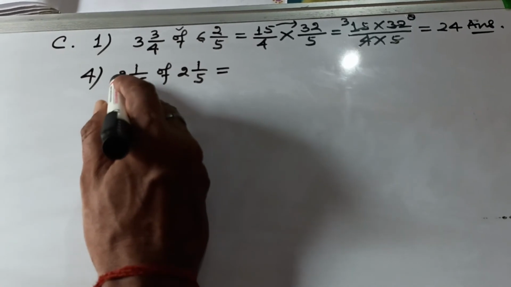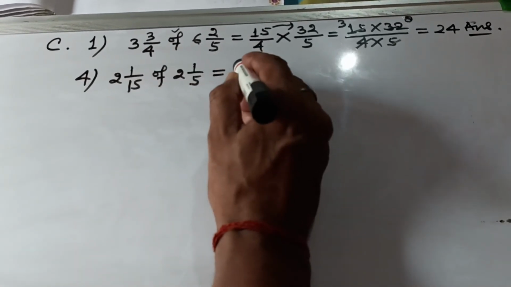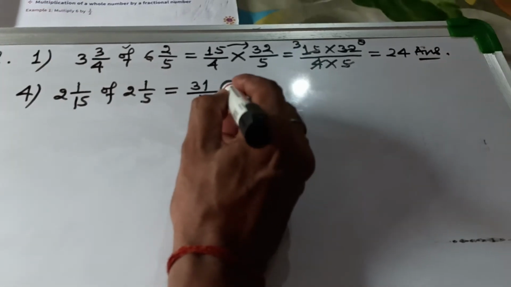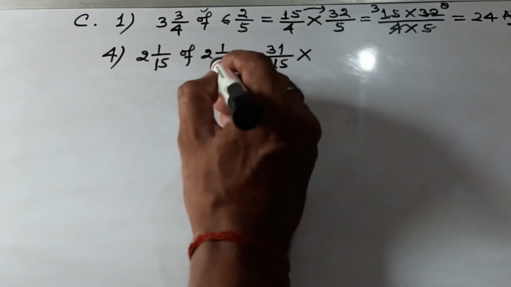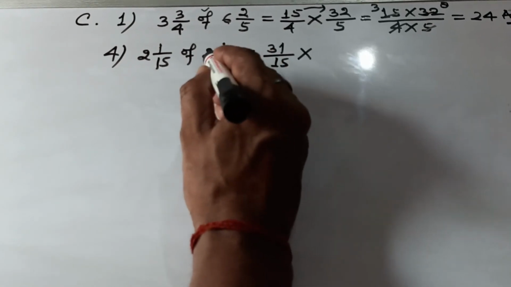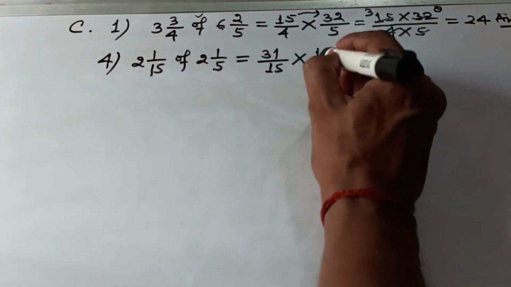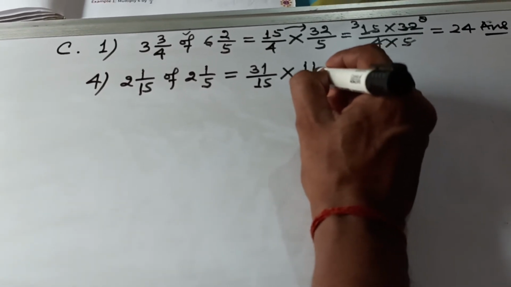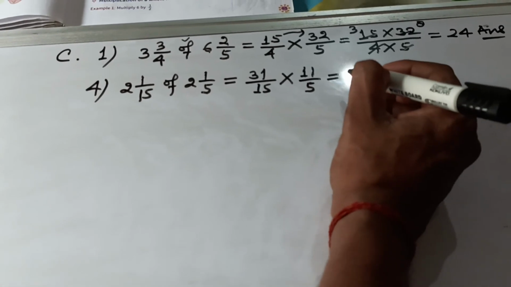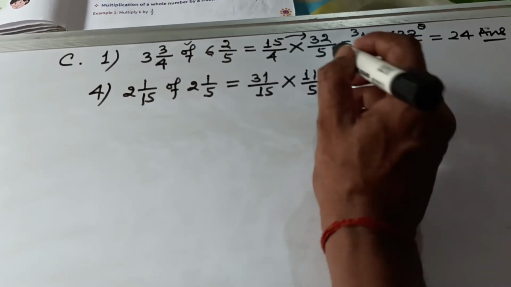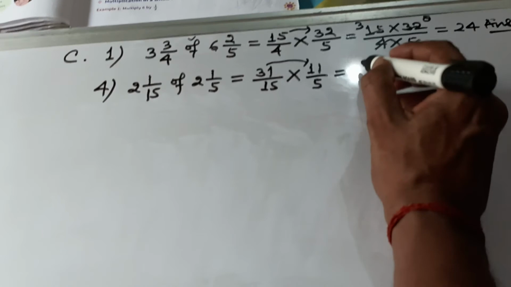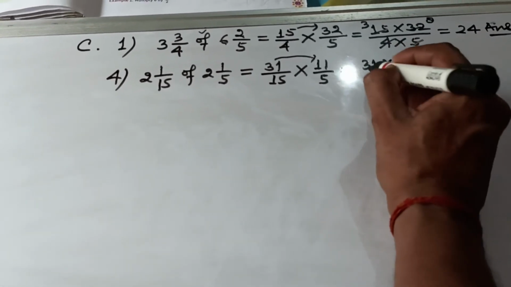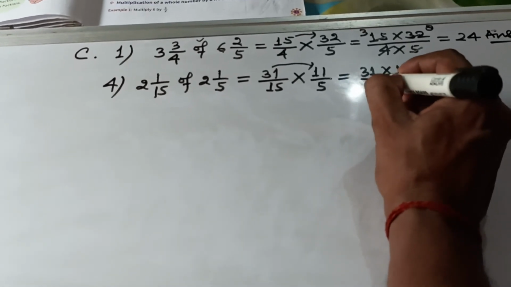So 15 2s are 30 plus 1, that is 31 upon 15, of means multiplied by 2 whole 1 upon 5, 5 2s are 10 plus 1, 11 upon 5. Now 31 into 11 upon 15 into 5.